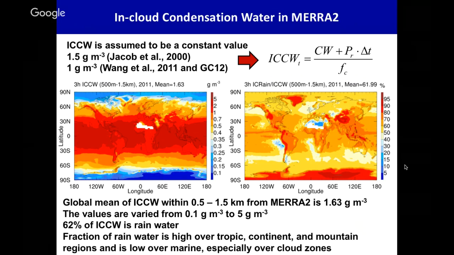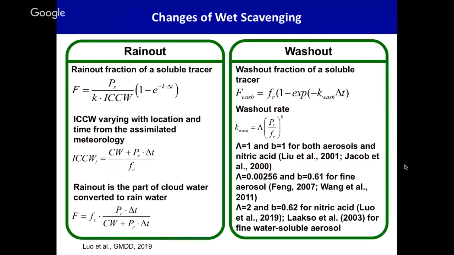Over some marine regions, especially the cloud rooms, you will find that the rain fraction is very low. This agrees with the physics that over some cloud rooms, the lifetime of cloud is very long, and most of the cloud water just evaporates and goes back into the atmosphere. But for tropical regions and some continental regions, if there is a lot of cloud, finally it will become precipitation.